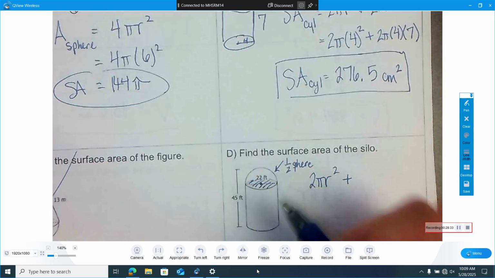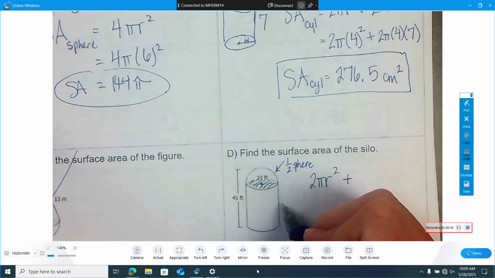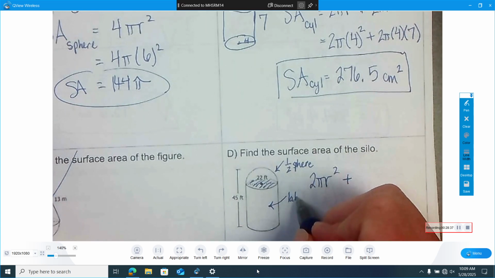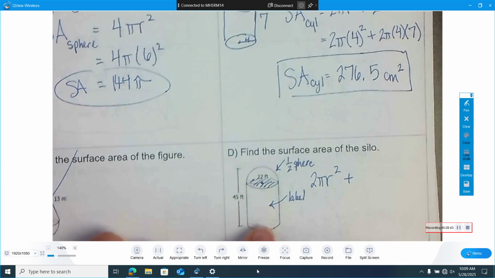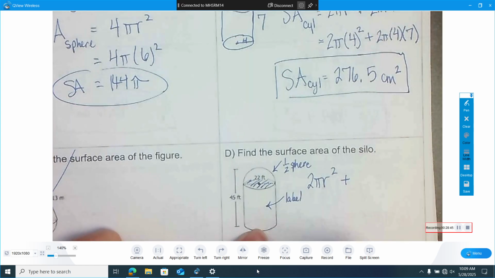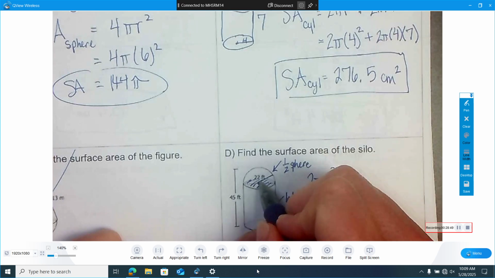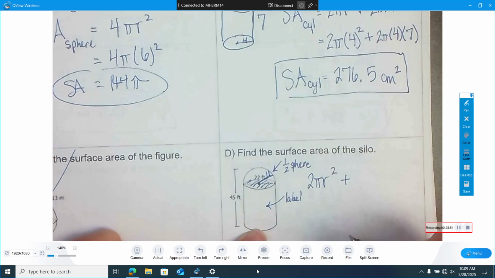Plus, we need this label, if you will. I'm going to just call it the label of the cylinder. Let's see here. What is the radius that we're looking at? 11. Okay, so the 11 is the radius.